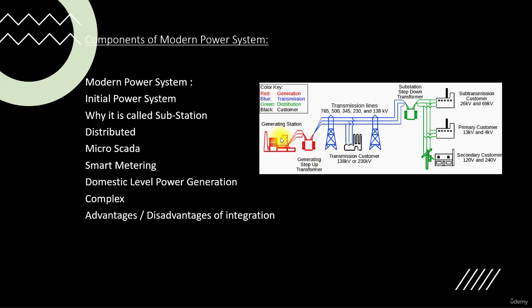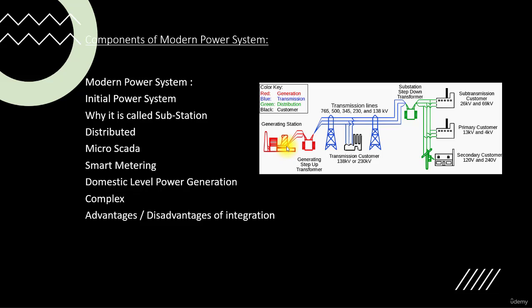For the power we want to use, we need to generate it first, and you can see here the generating power plant. The generation could be solar, wind, thermal, nuclear or hydel. So there are different types of generating sources.